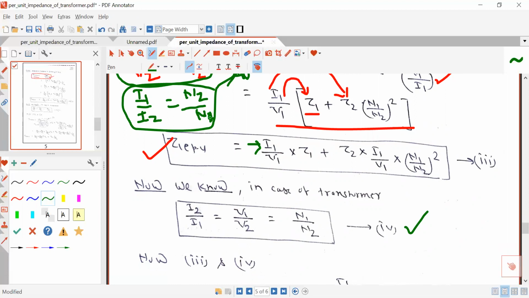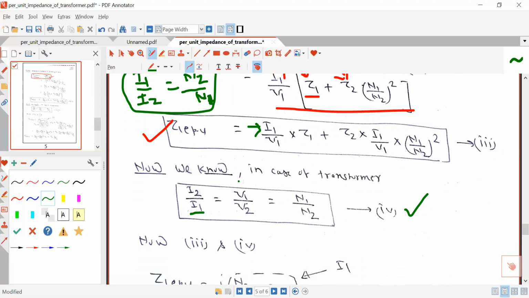Now, in place of I1, you can write I1 equal to I2 into N2 divided by N1, from this equation.